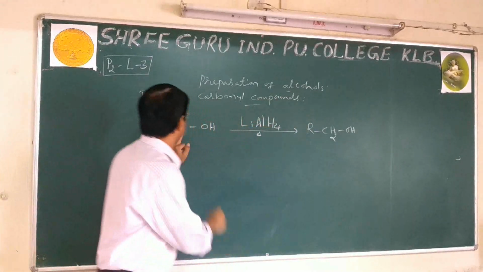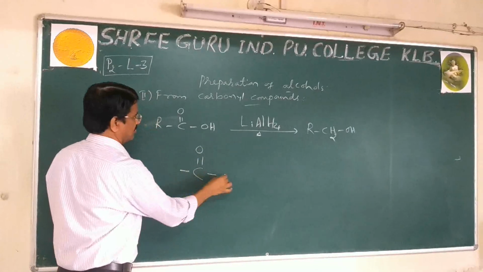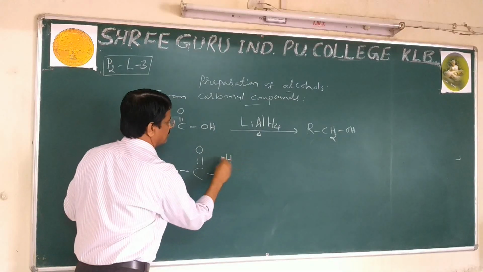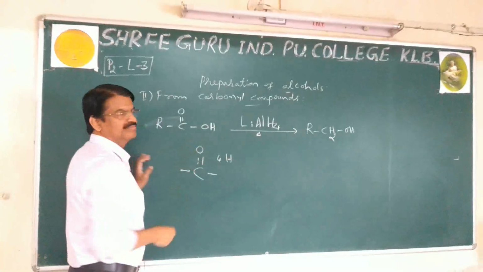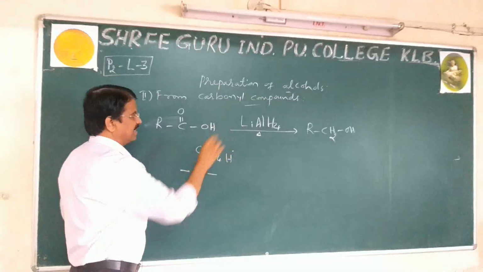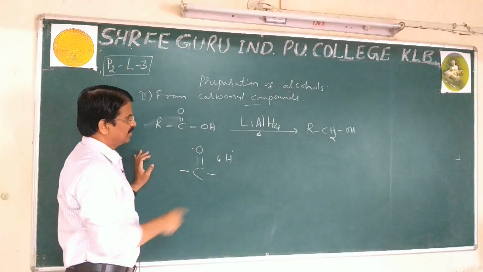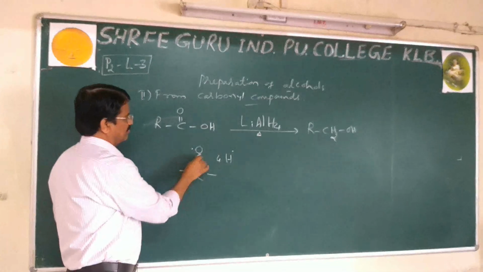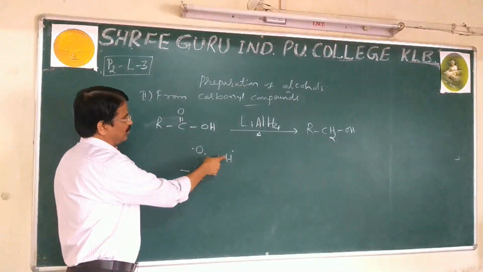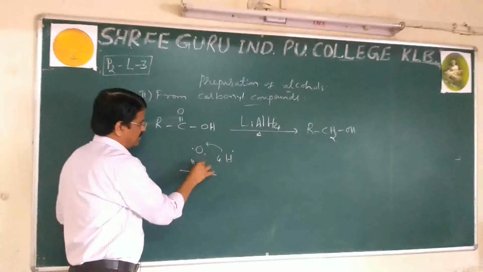RCH2OH. Now see here, I removed O because during the reaction the pi bond breaks and four hydrogens from lithium aluminum hydride, let them be in the form of radicals, and it can form a radical like this. And on heating, both bonds break, then 2H here and 2H here.